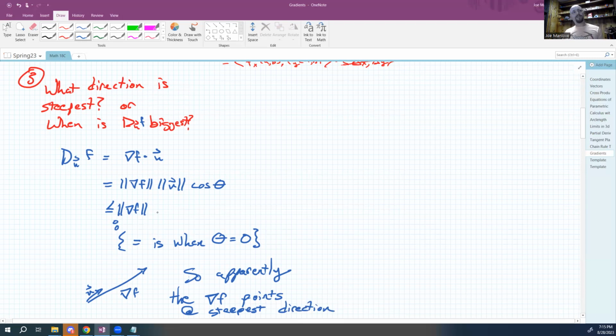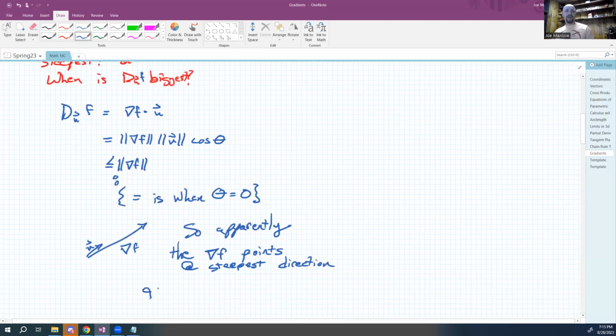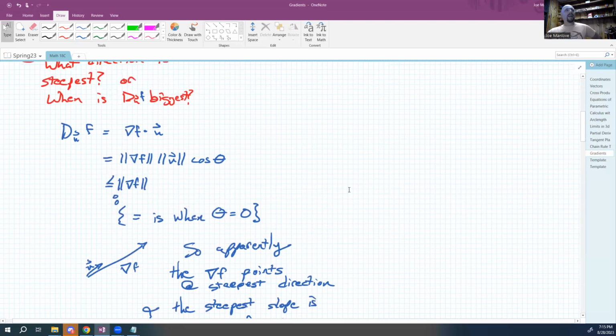The steepest it ever gets is actually the magnitude of the gradient vector. That's a cool bonus, right? So the steepest slope is the magnitude of the gradient. That's kind of cool. That gives me some neat tricks, actually.